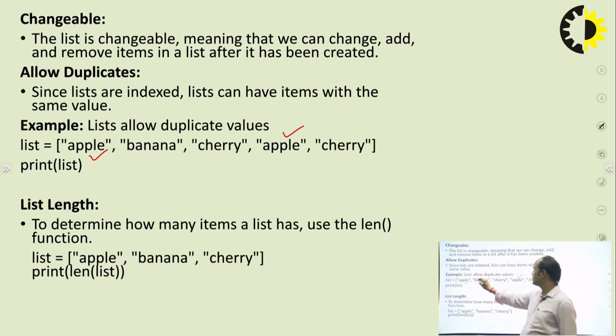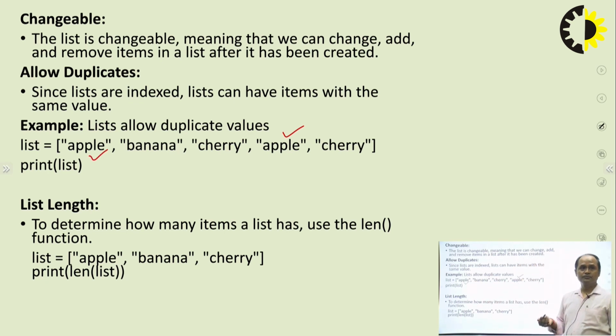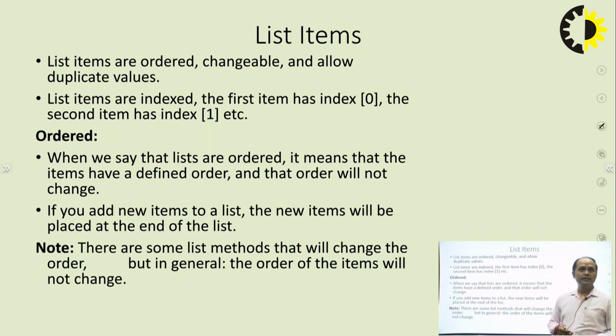This is called duplicate values. So in the list data type we can use duplicate values, but in other languages like C programming, we can use an array but we cannot use duplicate values in the array. So these are the basic properties of list items: ordered, changeable, and allow duplicate values.